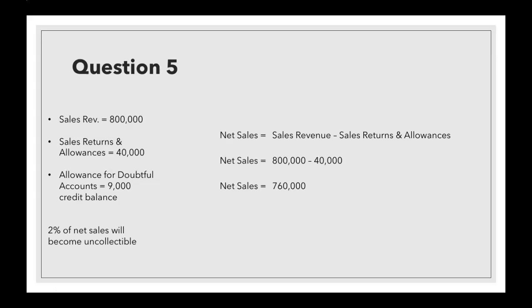That's step 1. Now, with that information, we can see that 2% of net sales will become uncollectible. So we take our net sales amount times 0.02, and we see that 2% of net sales is $15,200.